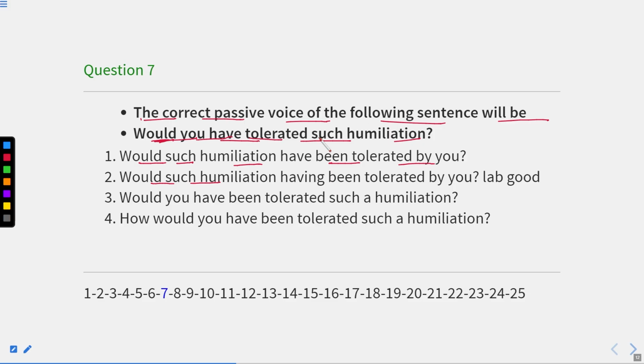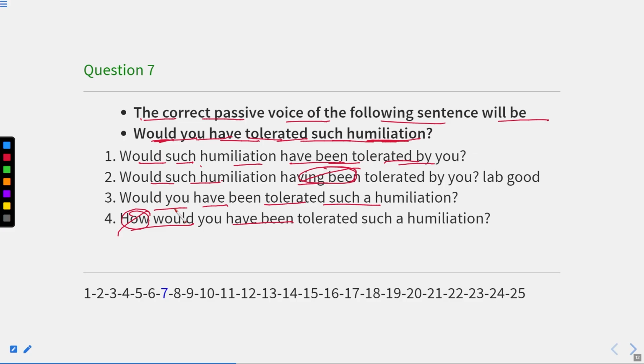You have tolerated such humiliation. Humiliation is the object, which should come at the subject place. So would such humiliation having been, no, having been is not the requirement. Would such humiliation have been tolerated by you?